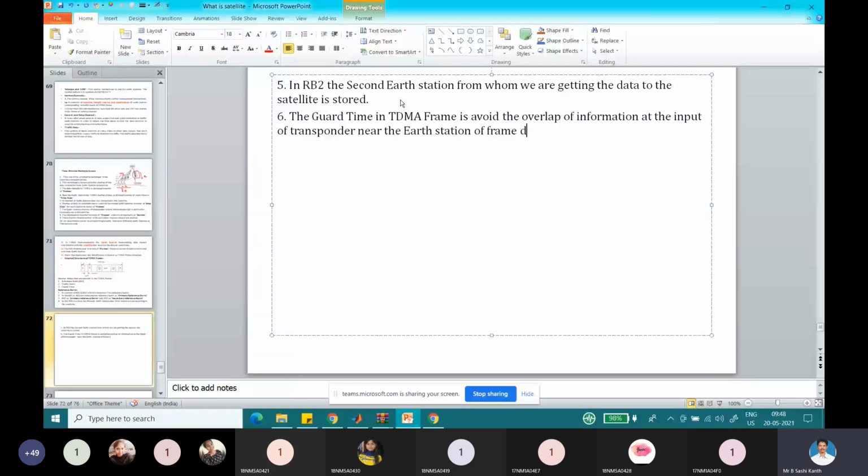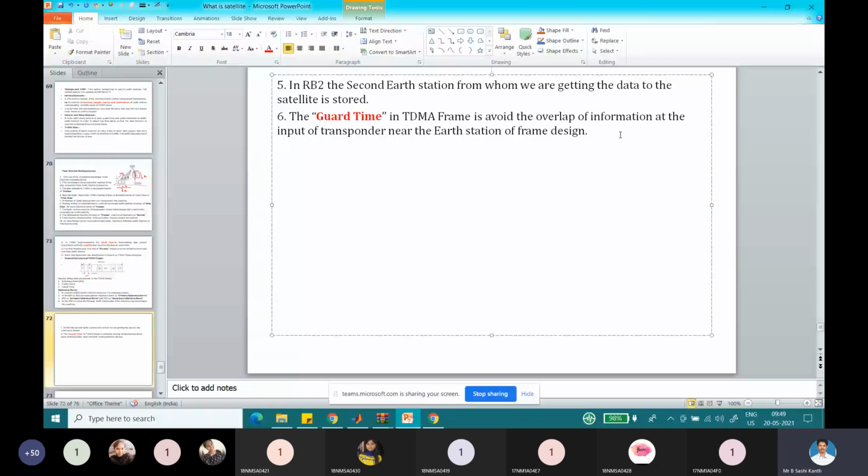Okay. The guard time which we are discussing here, this guard time in the TDMA frame, right, is to avoid the overlap of information at the input of the transponder near the earth station of the frame design that we are doing.